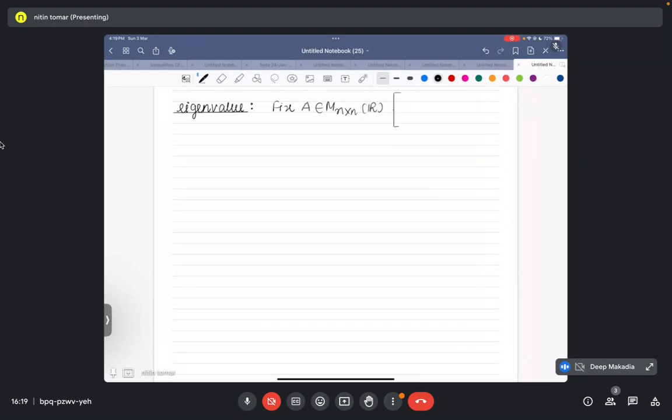No, Mn(R) means the space of n cross n matrices, the set of n cross n matrices whose entries are real.